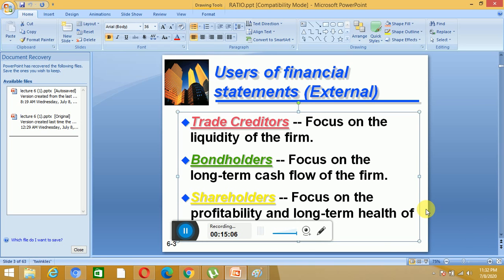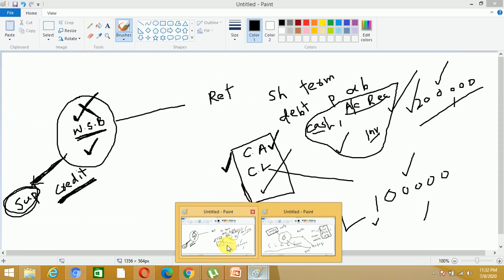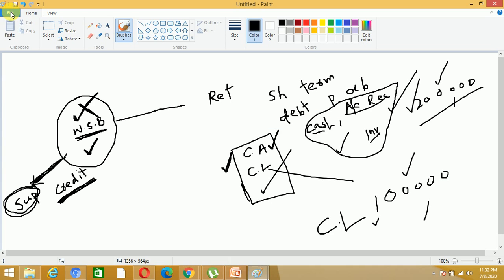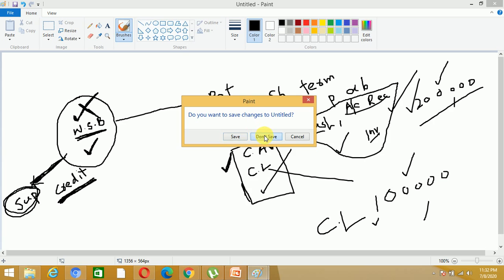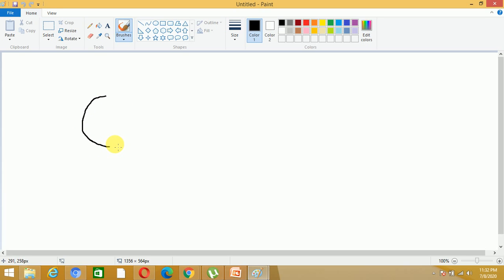Now, bondholders, what are they interested in? These are external users. They focus on the long term cash flow of the firm. Now, if the cash flow of the firm is good, this is the company, this is me. I will check the cash flow of the company when I'm purchasing a bond.